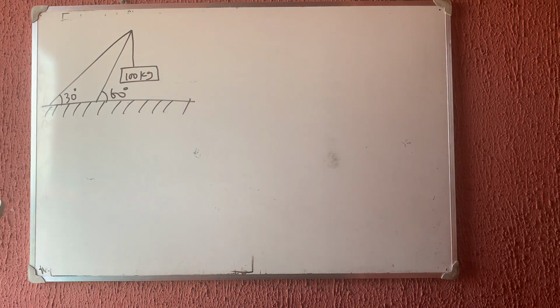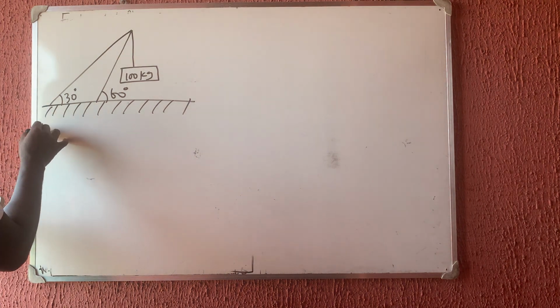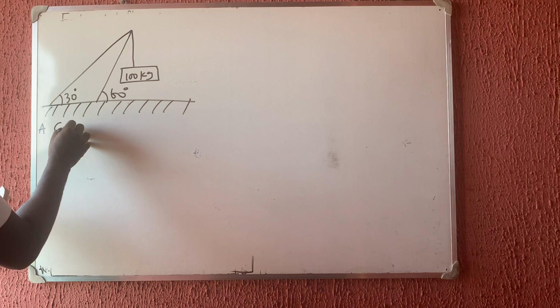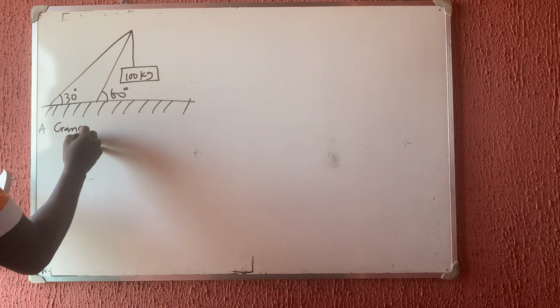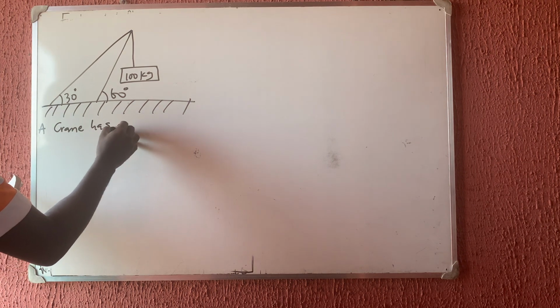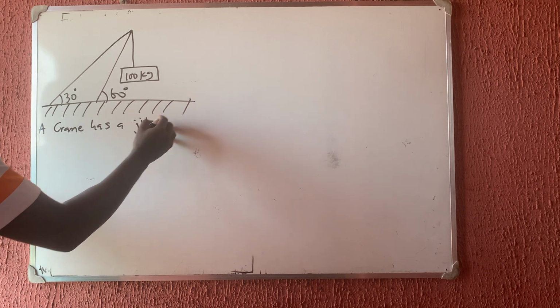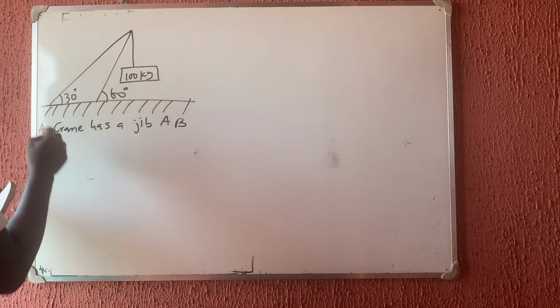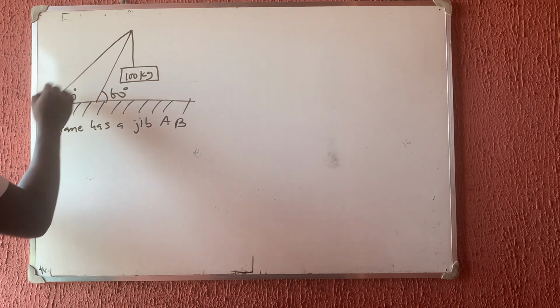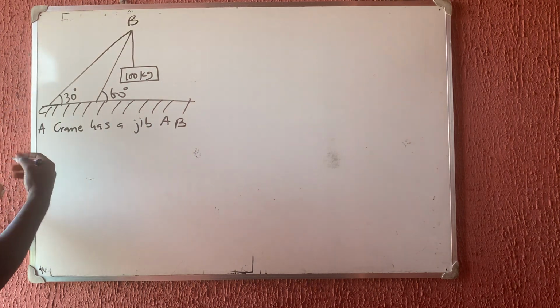So they now say a crane has jib AB. They say that here is C, here is B, where is our A?